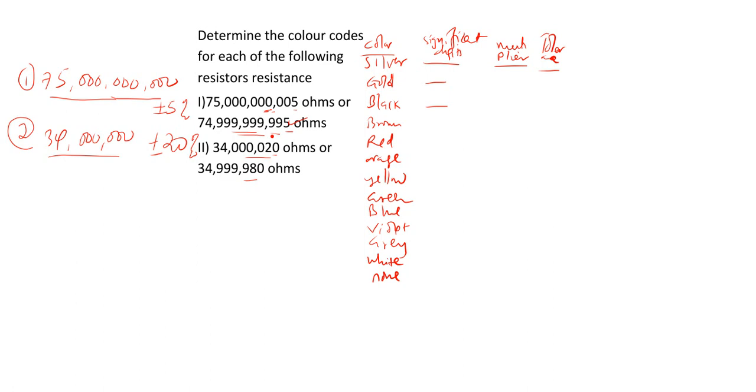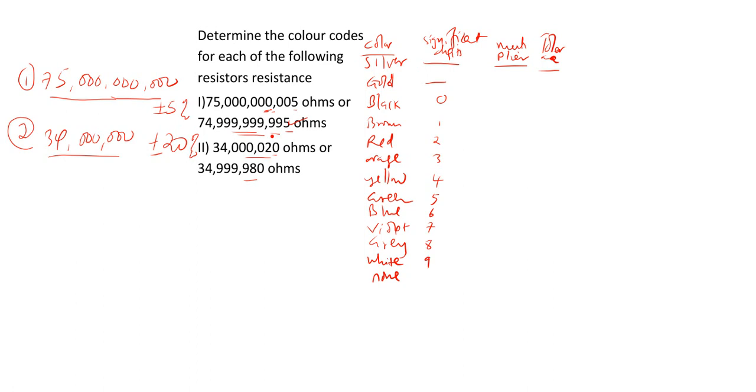For the black, we start with the digit 0. The next ones we write following one another up to 9 for white: 5, 6, 7, 8, and for white 9.